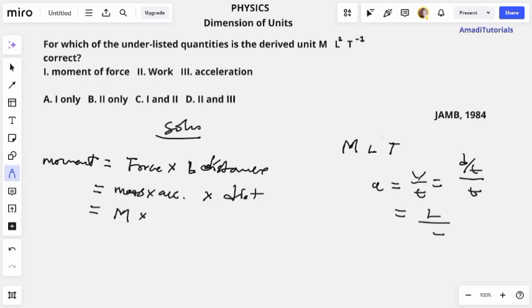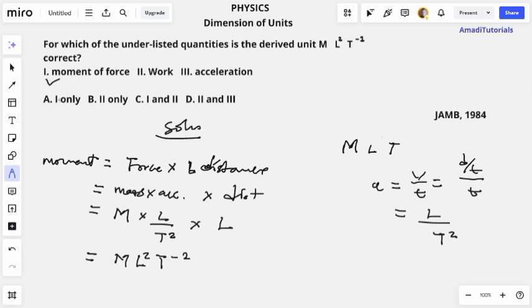So there are two times here, that will be T raised power 2. So mass times acceleration will be L over T raised power 2 times distance L. So this will be L times L, which is L squared over T squared. If you take this T to the numerator, it becomes minus 2. So you see that moment of a force has this as its dimensional unit.